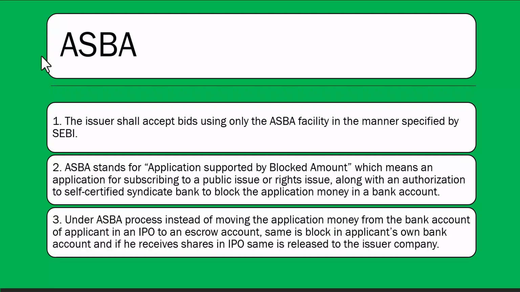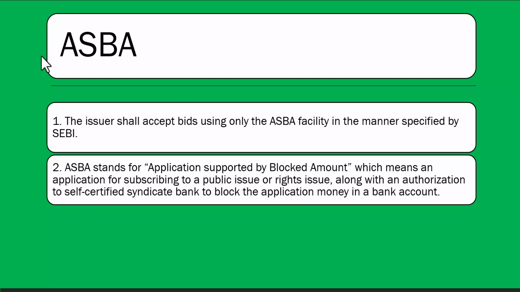Just read that. The issuer shall accept bids using only the ASBA facility in the manner specified by SEBI. ASBA stands for Application Supported by Block Amount, which means an application for subscribing to a public issue or rights issue, along with an authorization to a self-certified syndicate bank to block the application amount in the bank account. So the ASBA facility is given by SEBI to the self-certified syndicate banks.